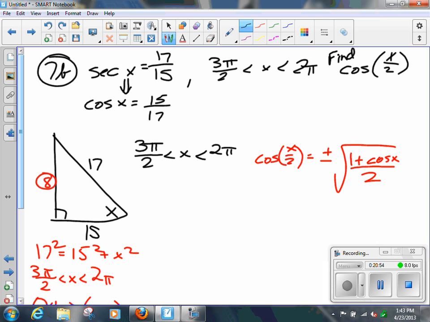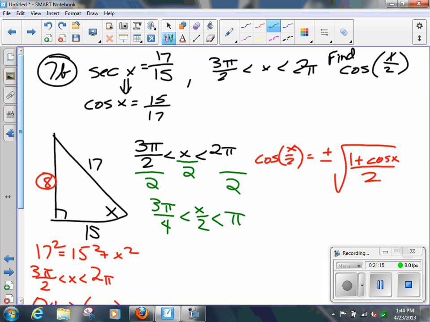All right, so how do I get that half angle? Divide everything by 2. And if 3 pi over 2 divided by 2 is going to tax your brain, put it in your calculator and math bracket. You get 3 pi over 4 less than the half angle less than pi.